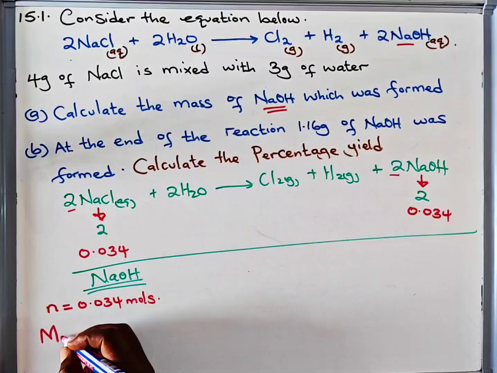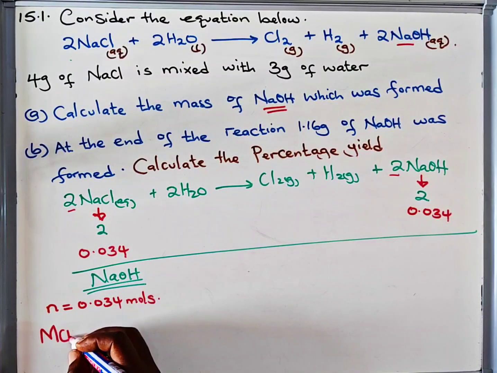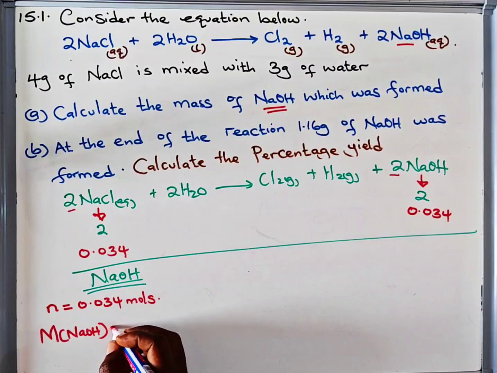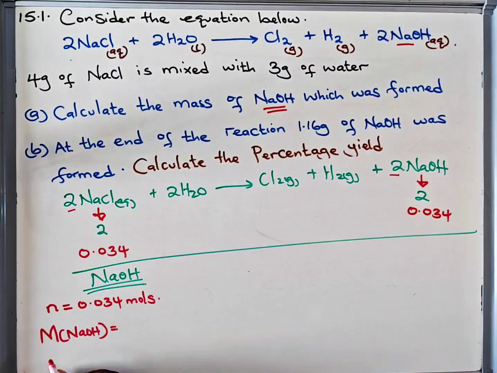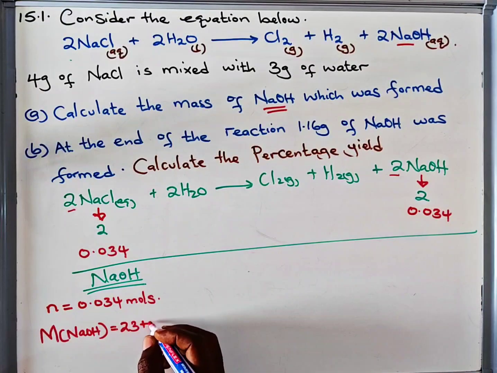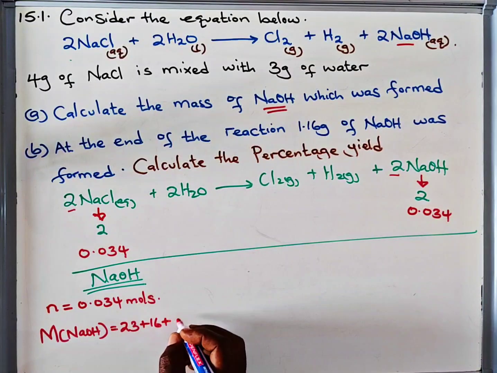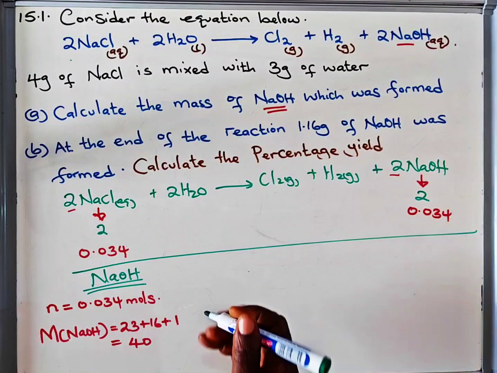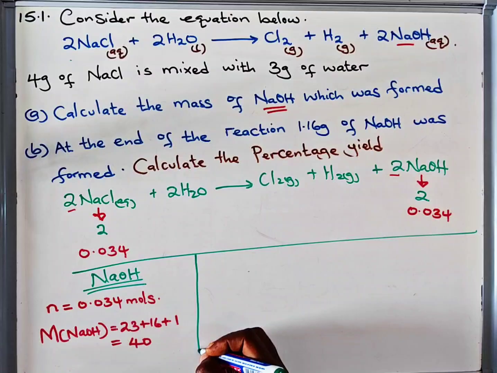We calculate the molar mass it's required, which is sodium hydroxide. What is it? Sodium is 23 plus 16 plus 1, giving us 40. So this is the information we now know about sodium hydroxide.